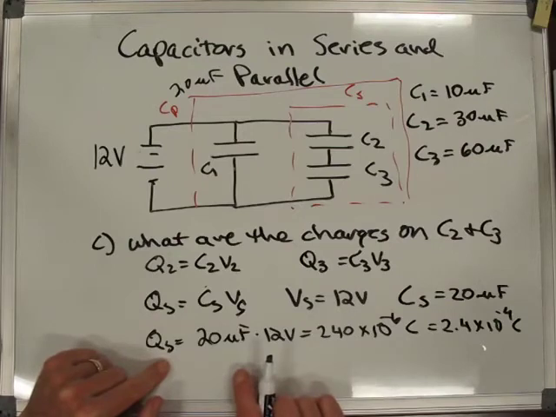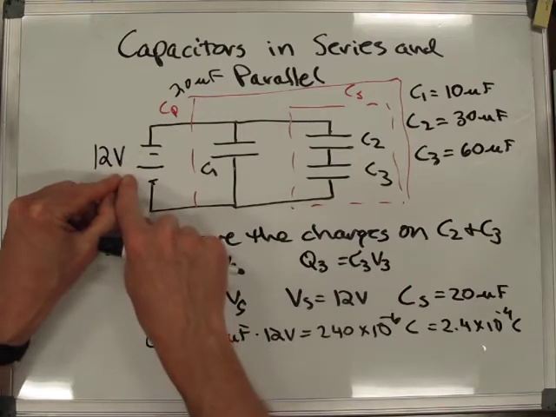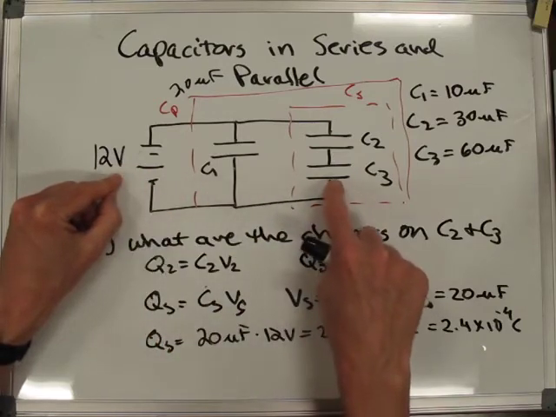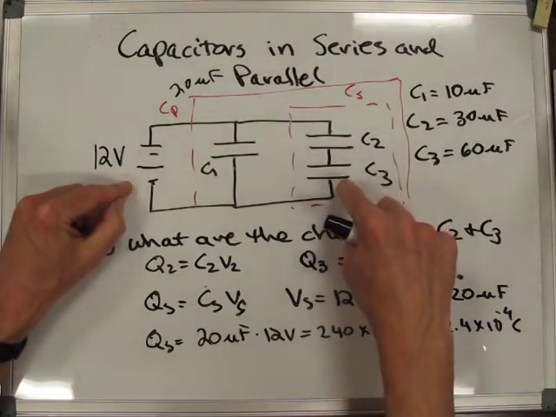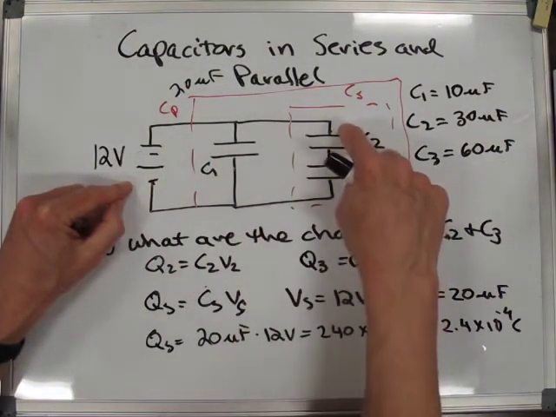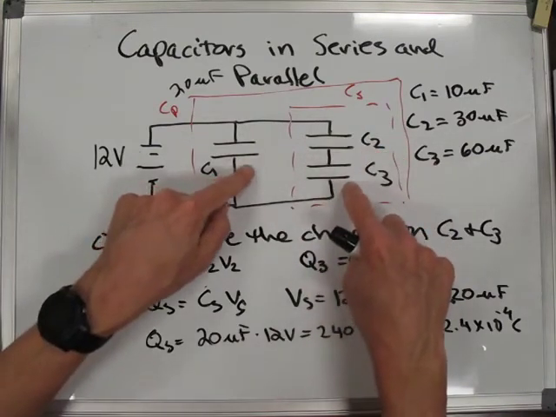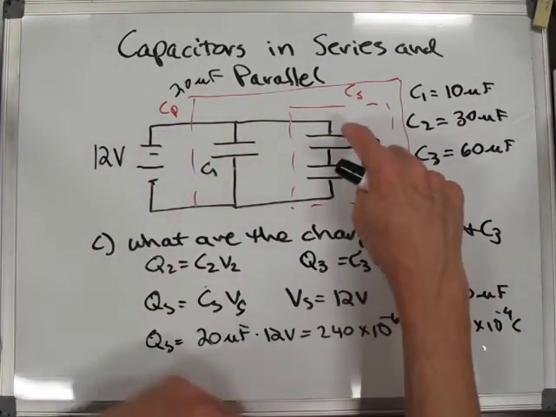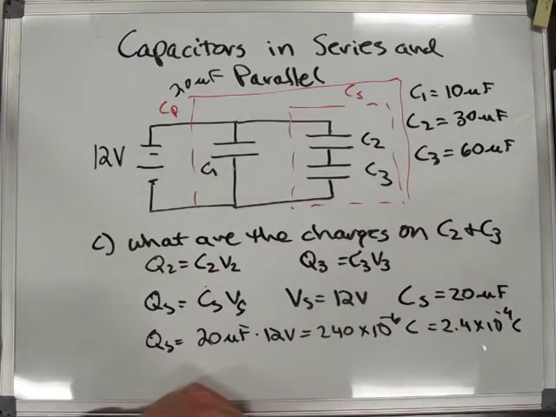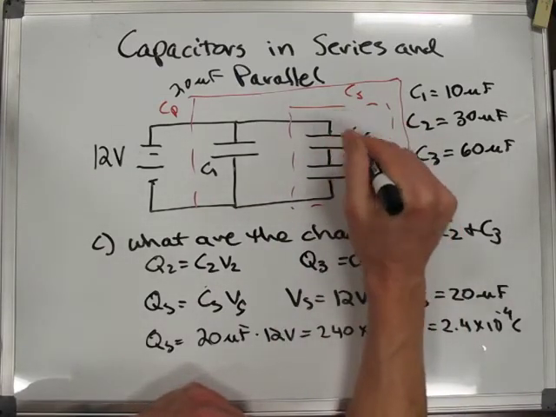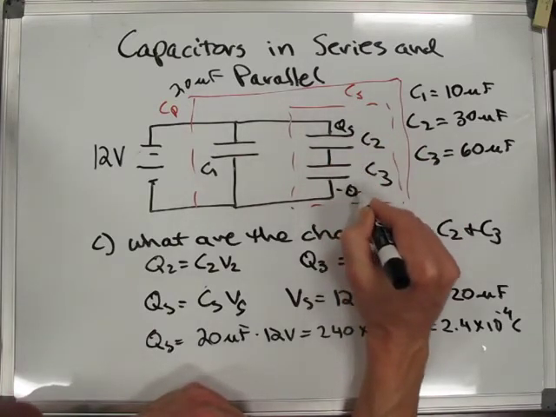And you say, well, what charge is that? Well, we've talked about this before. What a voltage source does is it pumps charge from one side. For these two capacitors, it's pulling charges off this plate and sticking them on the top plate. Every charge that's pulled off of one of these plates is put onto one of these plates. And so these two plates carry the exact same charge. If there's plus Q series on the top of this plate, that means there's minus Q series here.